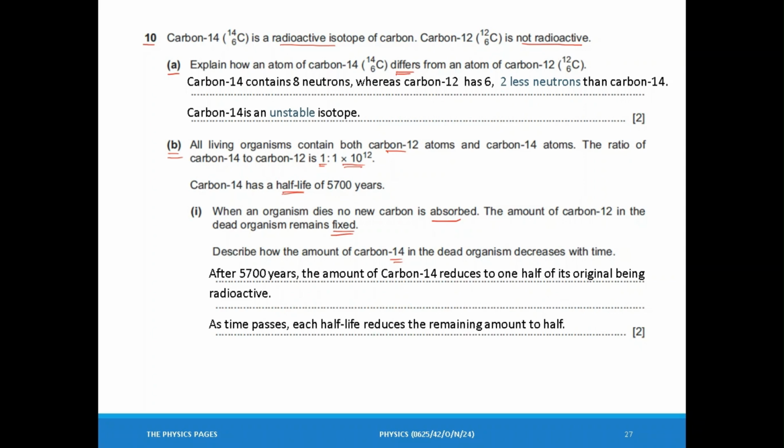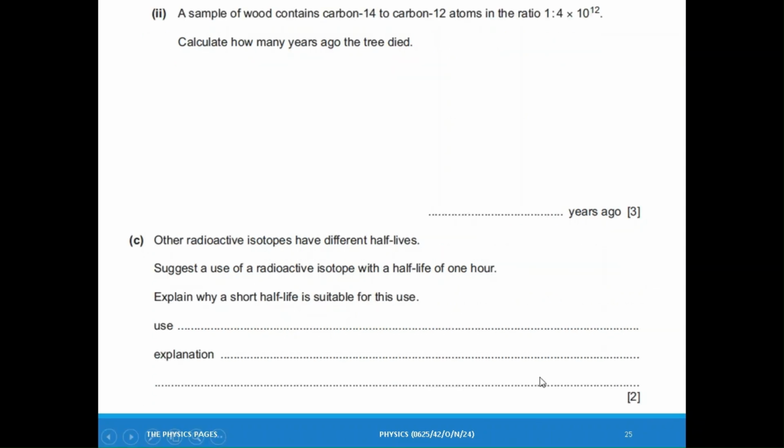If it was, for example, 100%, after the first half life it becomes 50%, and that 50% after the second half life changes into half, 25%. After another half life, it changes into 12.5%, and so on.